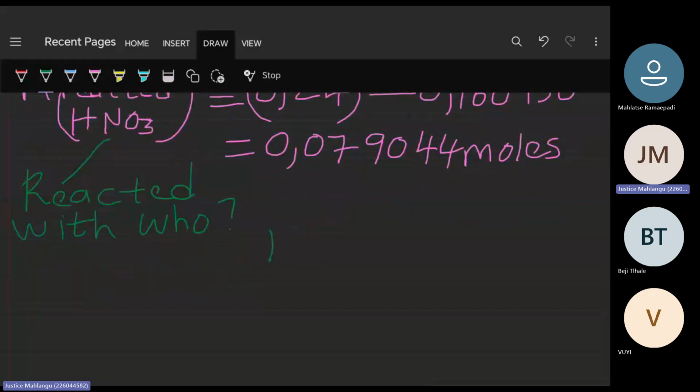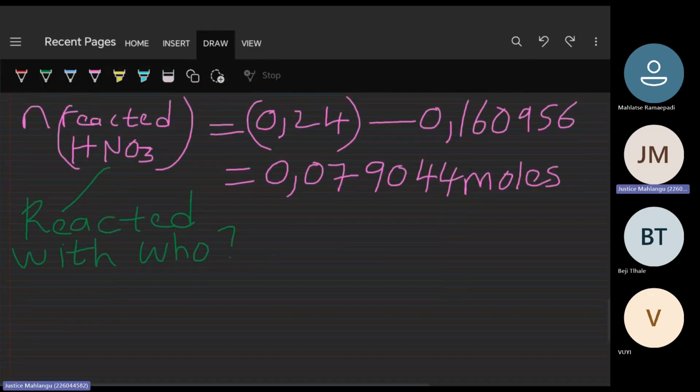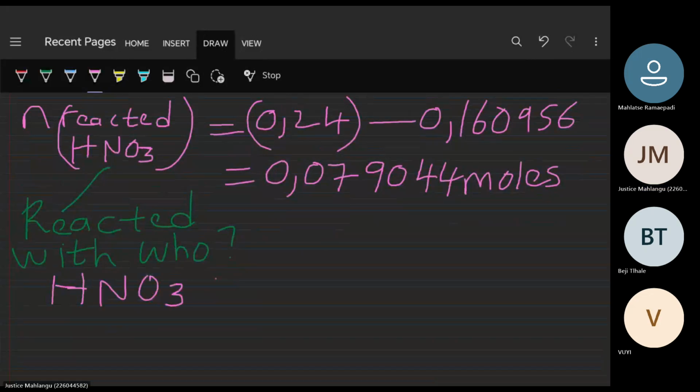So I'm going to do a stoichiometric ratio here: HNO3 versus the potassium hydroxide. It's the first equation, equation A. That question is for equation A.